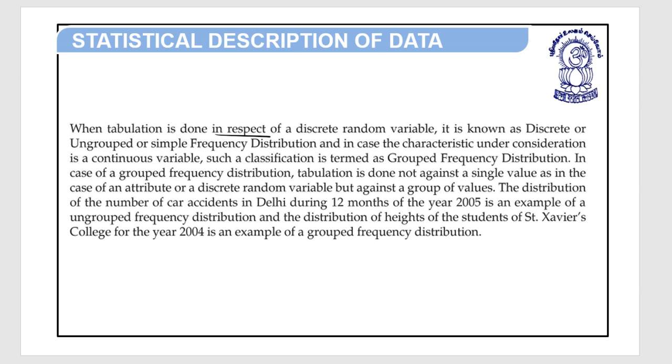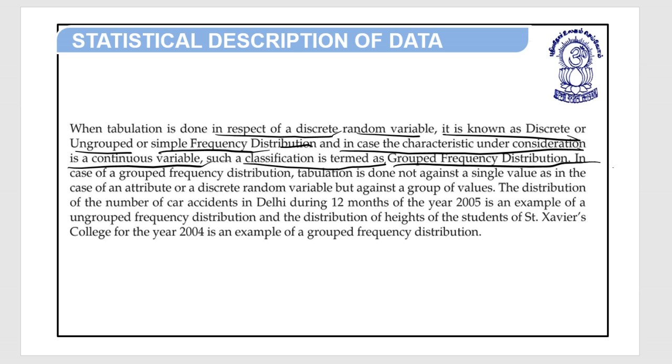When tabulation is done in respect of a discrete random variable, it is known as a discrete or ungrouped or simple frequency distribution. And in case the characteristic under consideration is a continuous variable, such classification is termed as grouped frequency distribution.